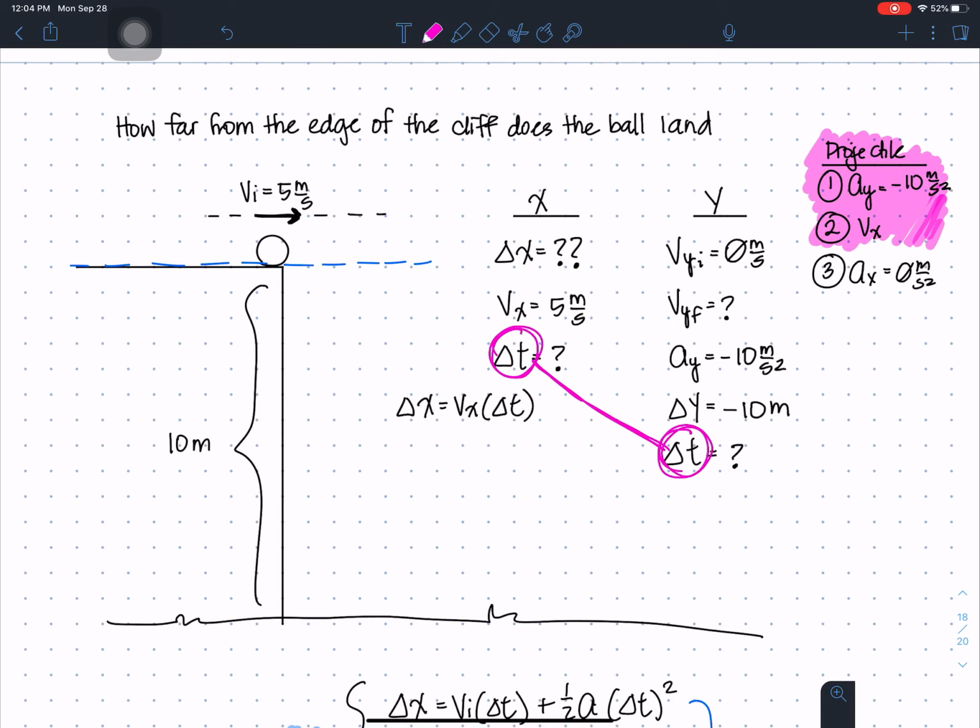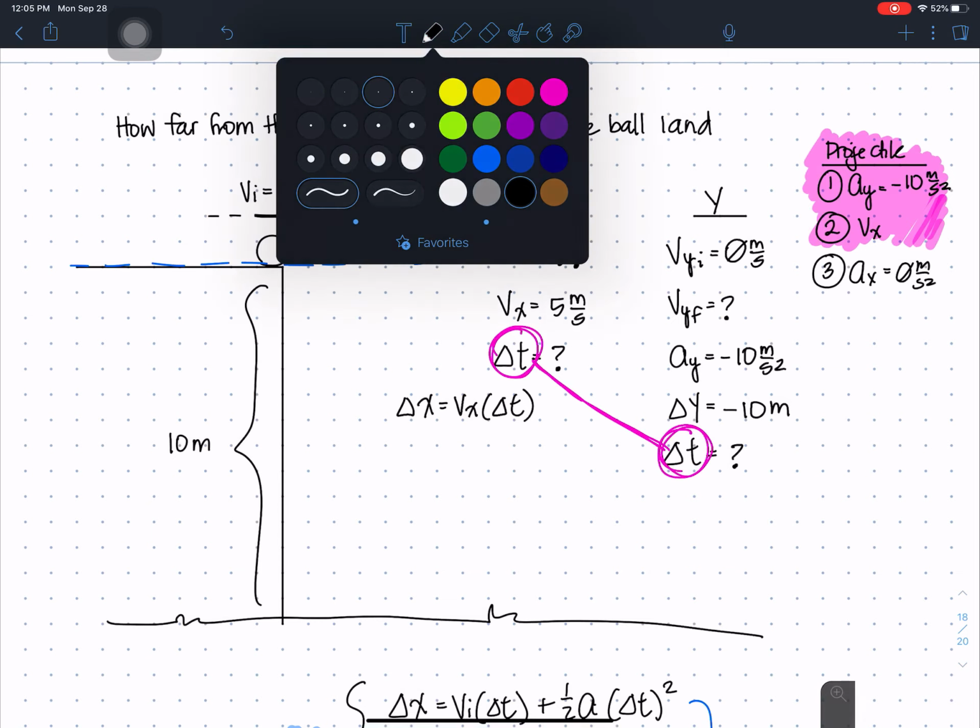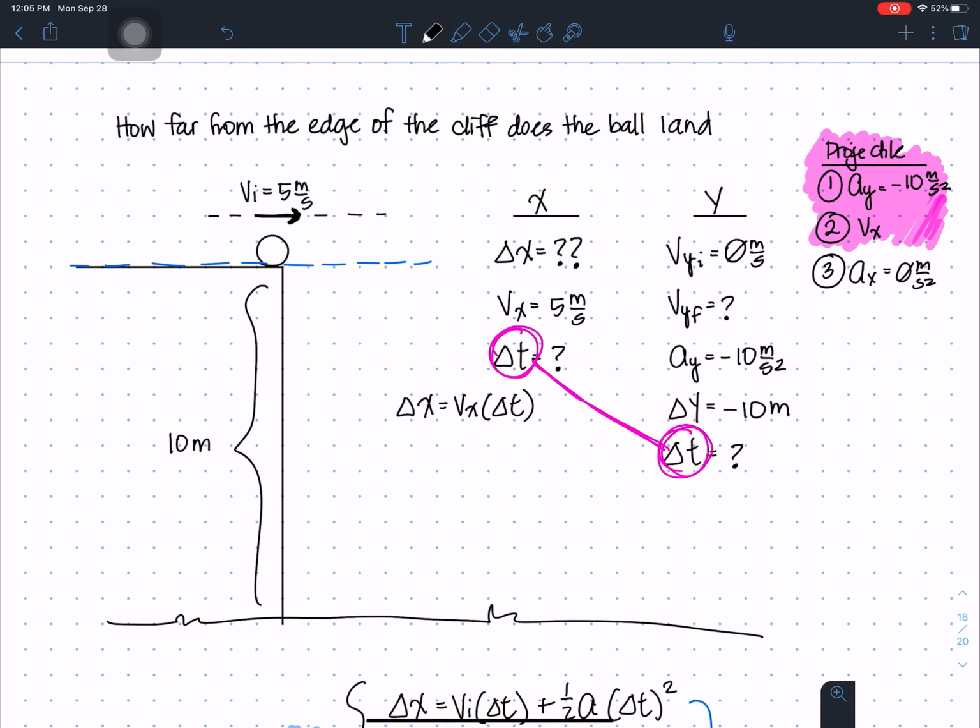So most kinematic questions will ask you to find t in either the x or the y and plug it in the missing axes. So recall how we hit a wall when we were trying to solve for x. We said we don't know t. So we're looking now in the y direction and asking ourselves, is there a way that we can solve for time? If we use our very first equation, delta y equals vy initial delta t plus 1/2 a delta t squared, we can plug in 0 for vyi.